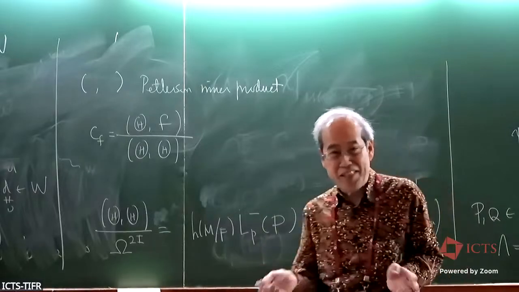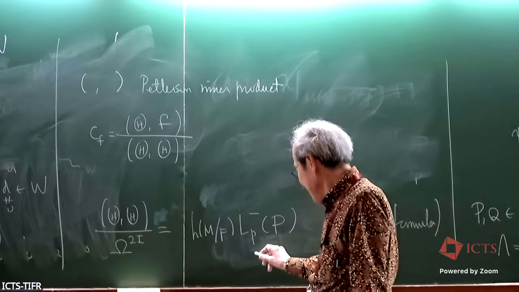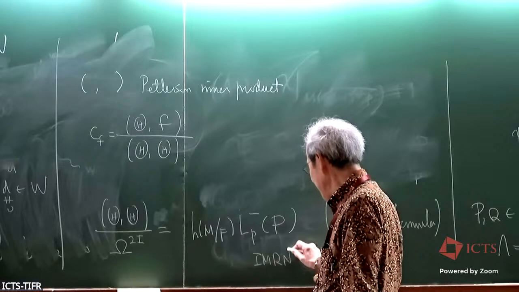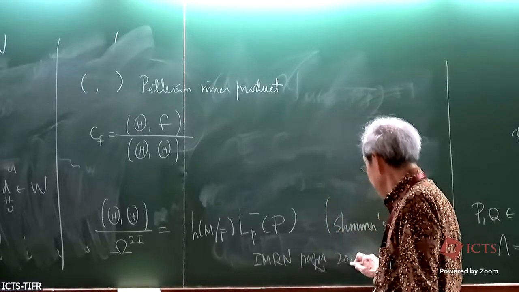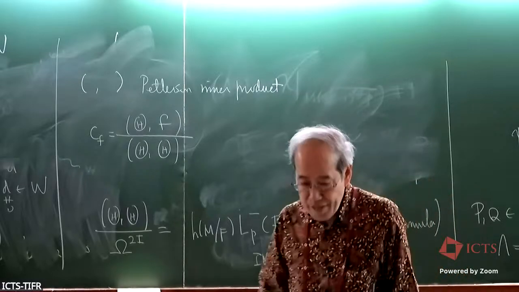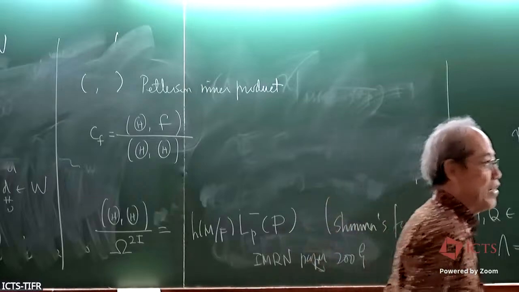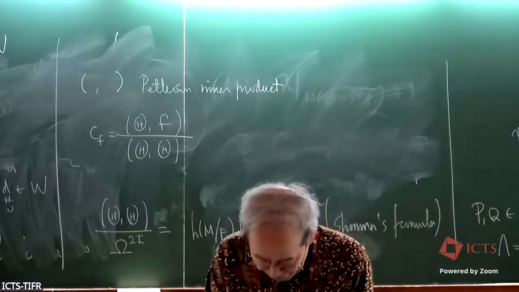I cleaned it up, and perhaps the best formula is in my IMRN paper, 2009. Of course, I used this kind of thing in my 1981 paper, the congruence of transforms paper. But yeah.